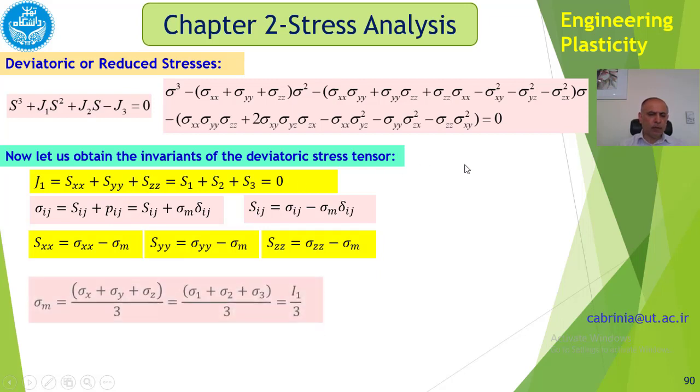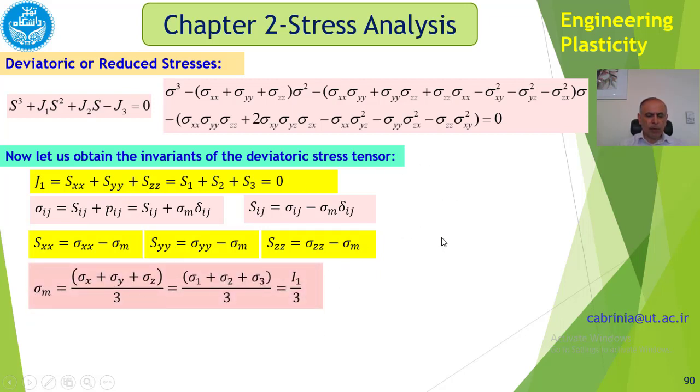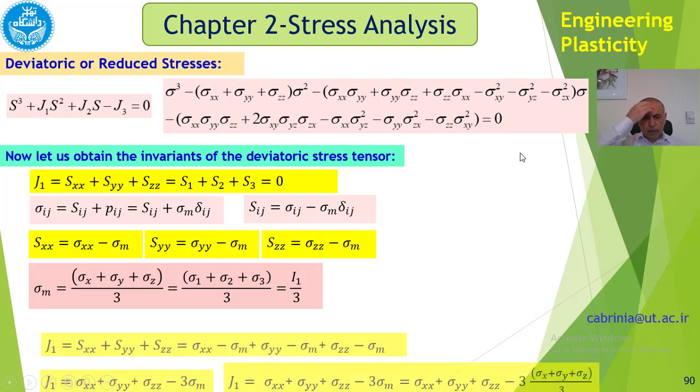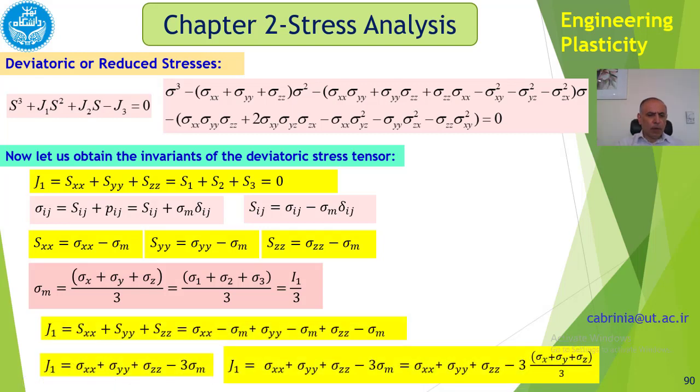So if we substitute this, also remember that we had this component. If we substitute for Sxx, Syy, Szz, we get sigma xx minus sigma m, sigma yy minus sigma m, and sigma zz minus sigma m. Therefore, in here, we get sigma xx plus yy plus zz minus 3 sigma m.